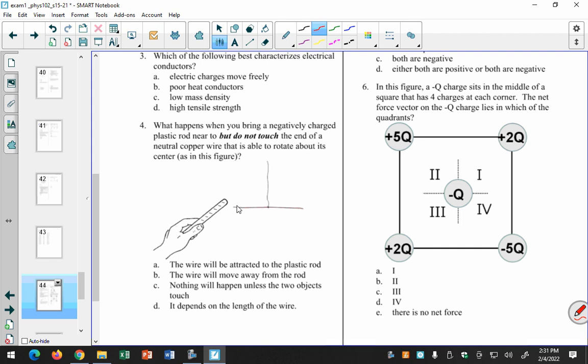Okay, let's look at this one, 6. You had asked about this one, I think. This one's similar. I have a net force on these charges, and I want to know in which quadrant the resultant vector lies.